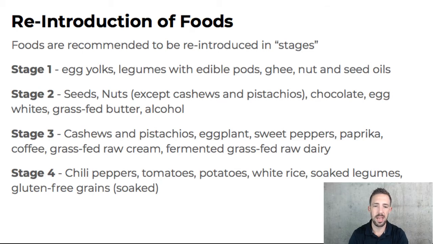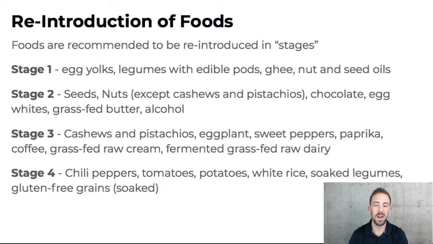Stage three, then you're adding cashews and pistachios, eggplants, then you're going more for the nightshades. So stage two and three, you can kind of see that there are spaced out different members of the nightshade and lectin families. So eggplant, sweet peppers, paprika, then you're adding back in coffee, grass-fed raw cream. If you do dairy, I don't encourage it.